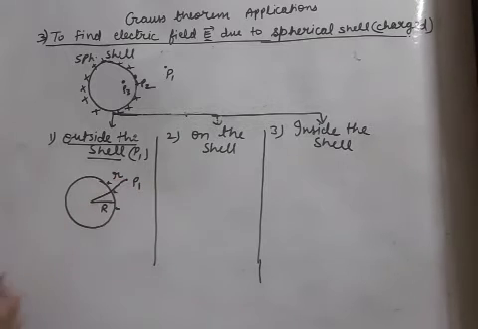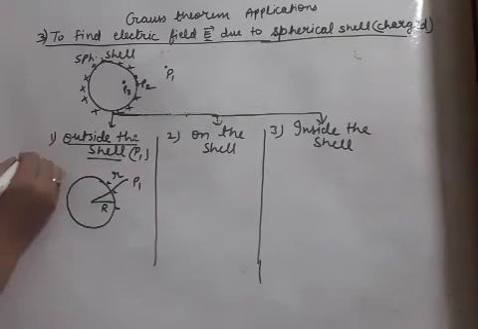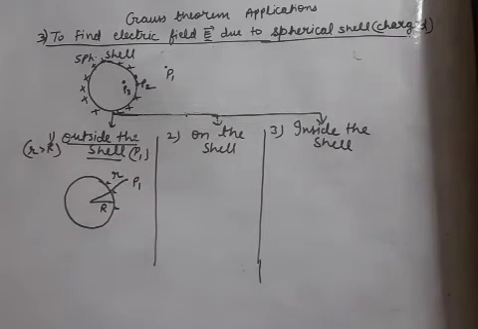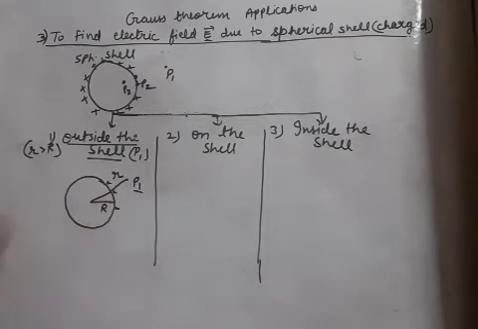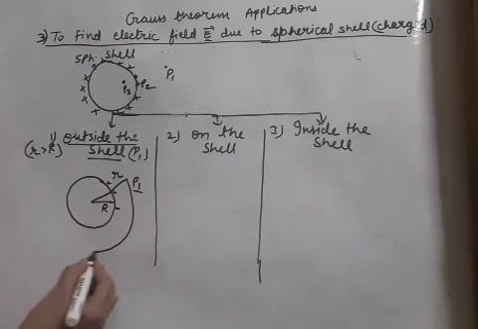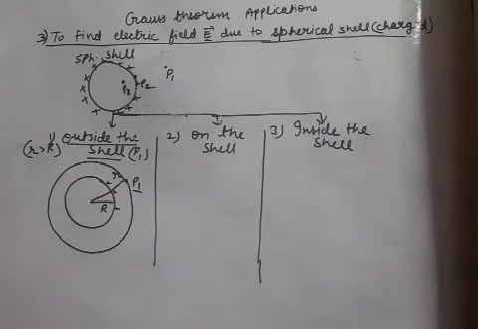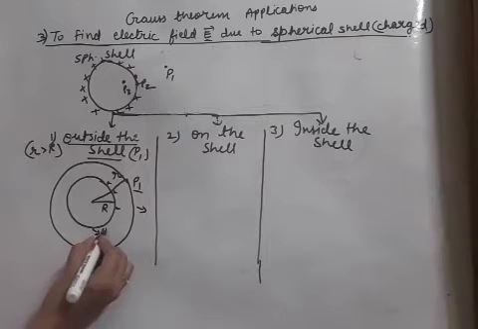So the distance of the point is always taken small r. That means this is the case when r is greater than capital R. Now our target is to find the electric field here. So as is the procedure, we have to always enclose the charge by Gaussian surface. So this is our Gaussian surface, this is the shell.